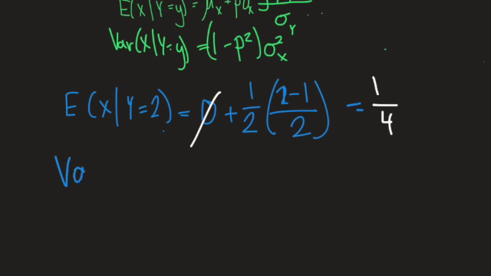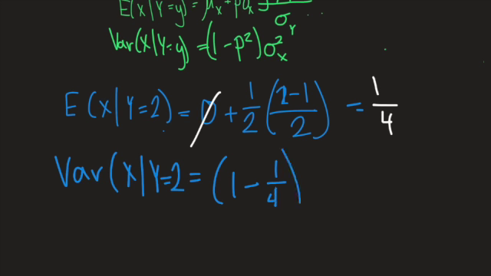Let's try our variance when we plug in our y of 2. I have 1 minus 1/4, because the variance of y is 4, then 1 squared, which is also 1. 1 minus 1/4 is 3/4. 3/4 times 1 squared is still 3/4.